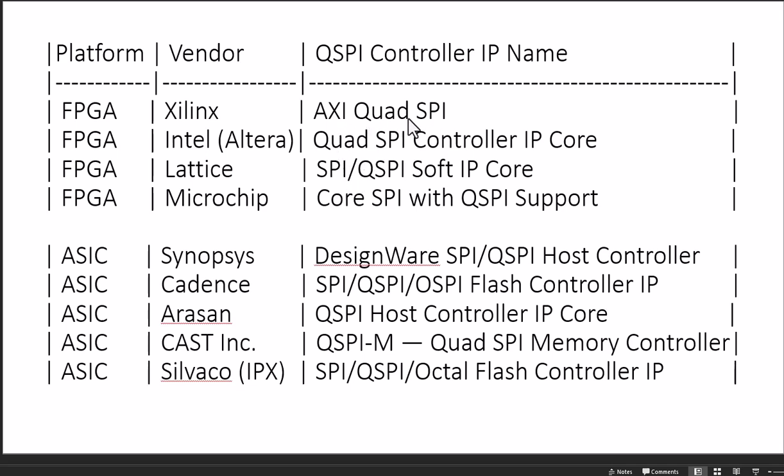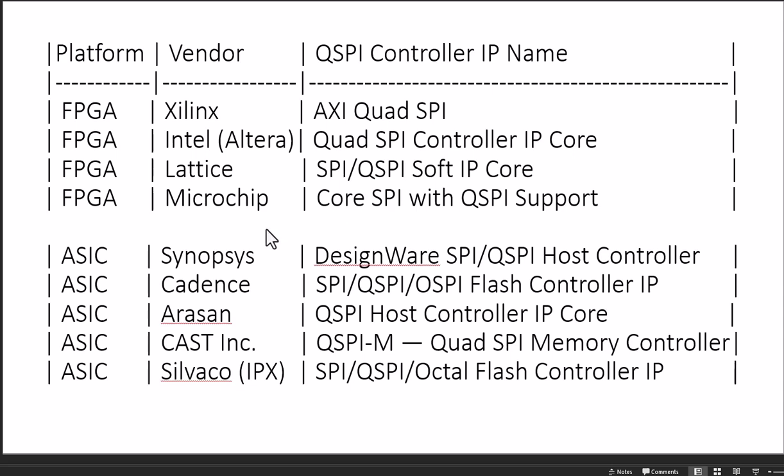But it is not simple, it will come with some AXI interface. It depends what kind of access you want, like AXI or something else. So you need to check the datasheet of the particular IP.